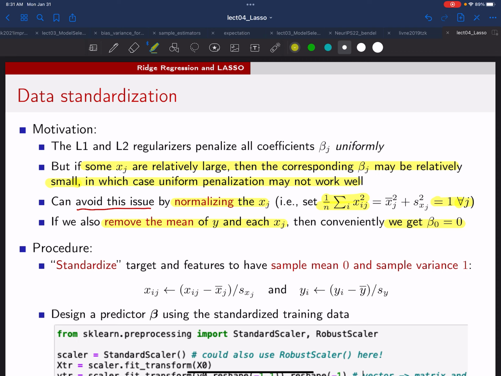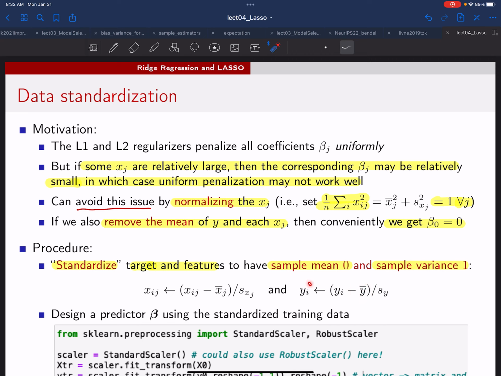Here are your unstandardized ones, and these are your standardized ones. We do this also to our targets: take the ith target, remove the sample mean from it, divide the result by the sample standard deviation, and then label it as yi again.